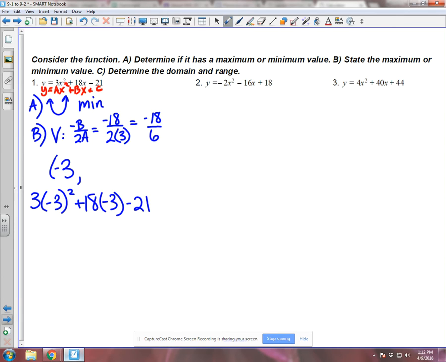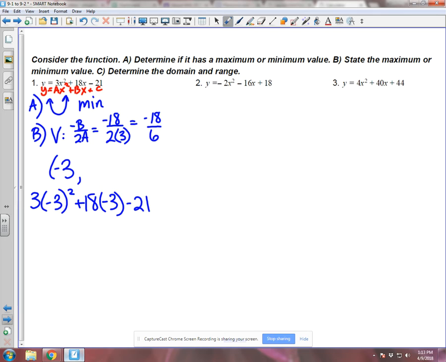And what is your minimum value? Come on, some of you guys need to pick up those calculators and get going. Negative 48.